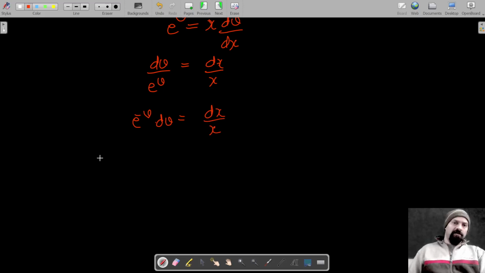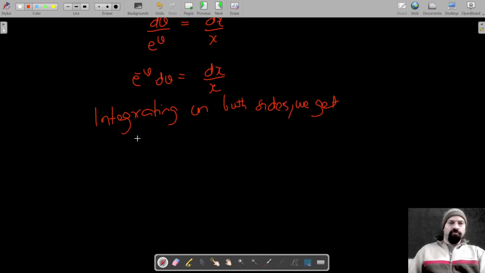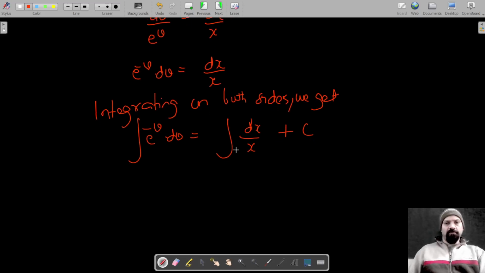And integrating on both sides, this is integration of e raised power negative v into dv, which is equal to integration of dx upon x plus c.